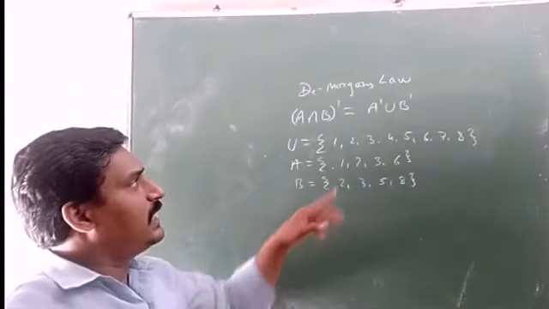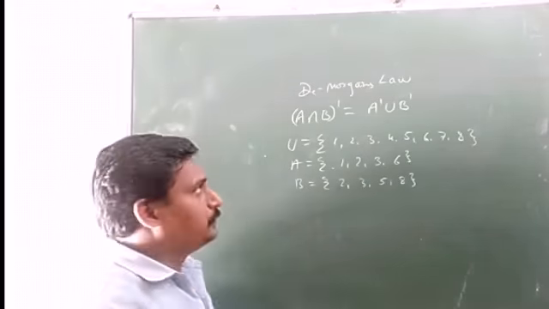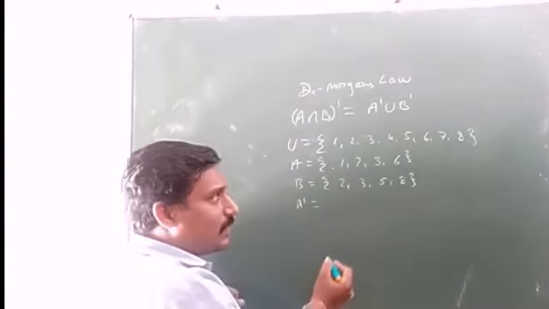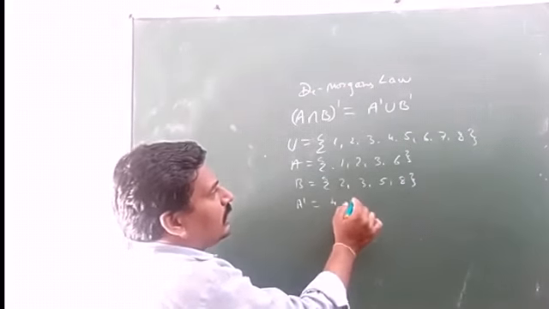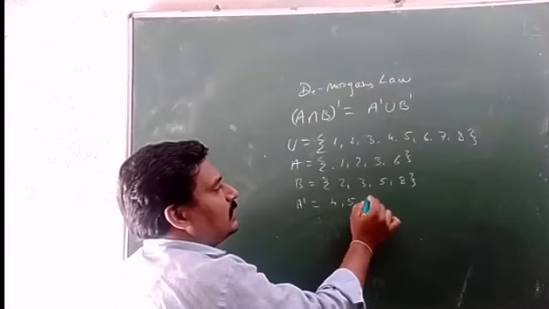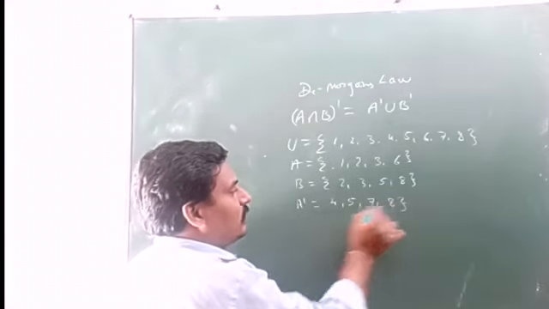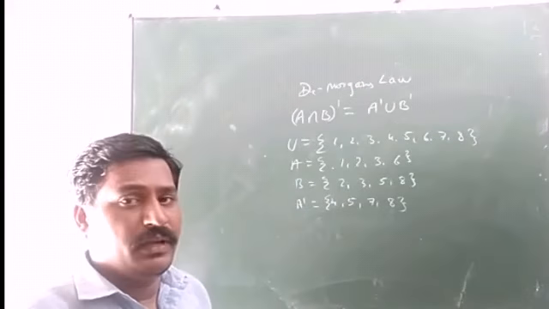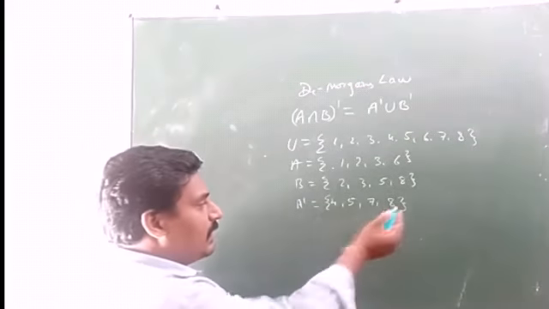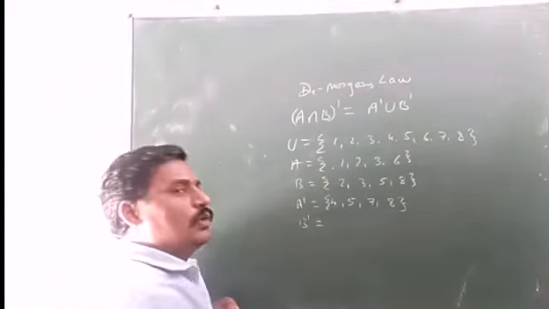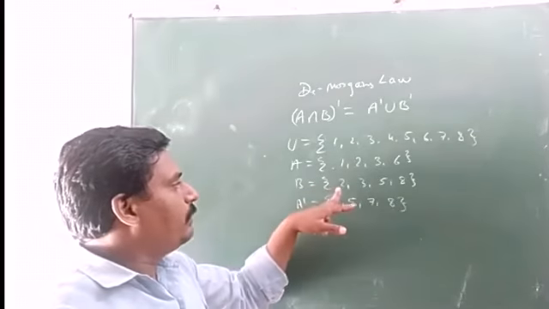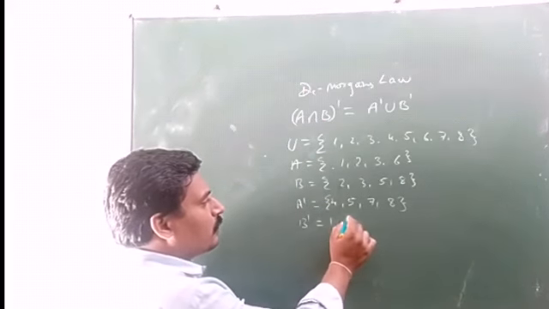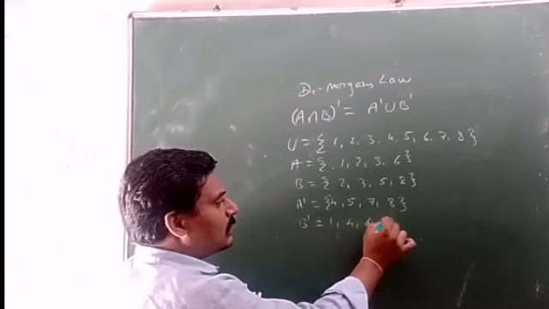Now let us take A' and B'. A' is the complement of A: 4, 5, 7 and 8. Then the complement of B, with 2, 3, 5, 8 present, is 1, 4, 6, 7.